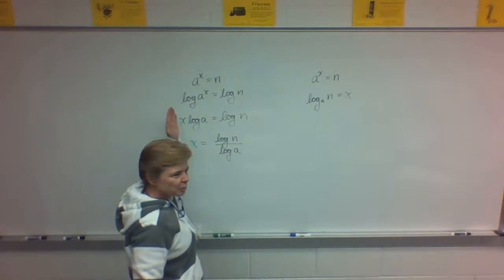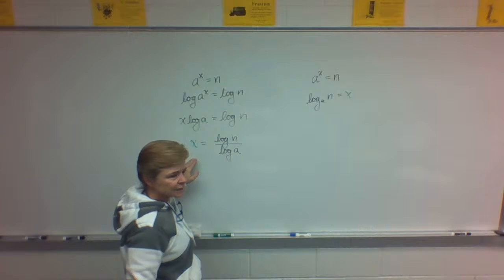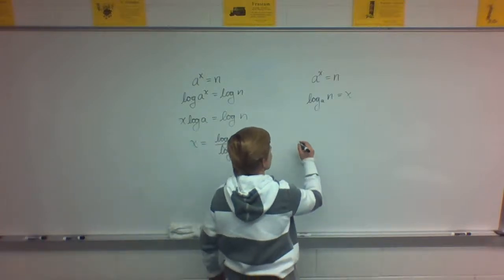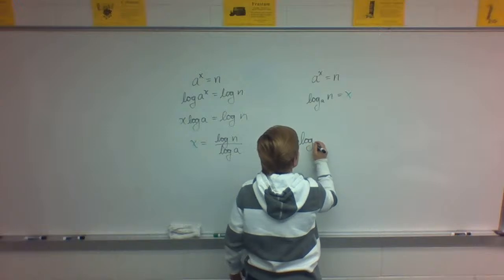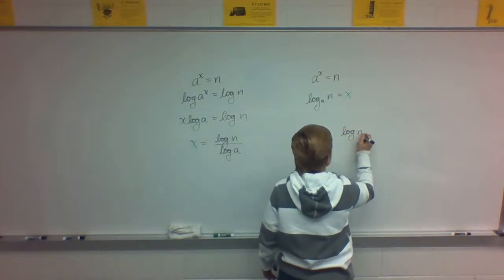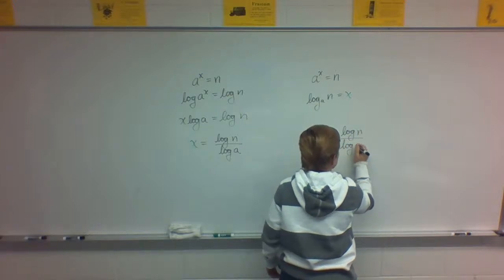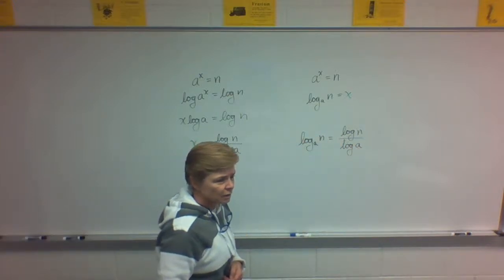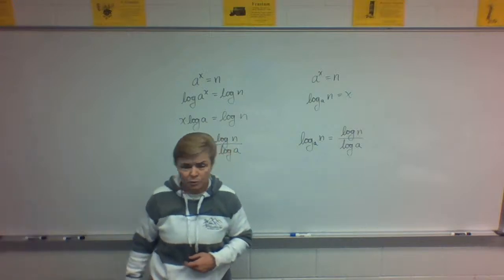Do you agree with that? Because they started from the same expression. It's two different ways to isolate the x. Since they are the same x, I have this by substitution, that the log base a of n is the same thing as the log of n over the log of a. Would you agree with that? Because they're both equal to x, they're equal to each other. Remember that from geometry, substitution?